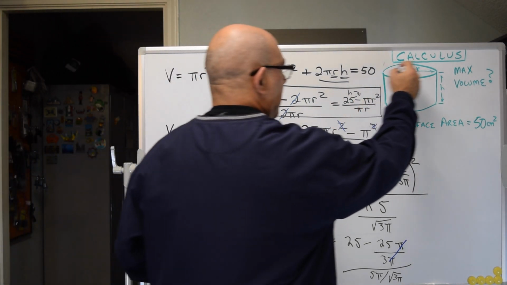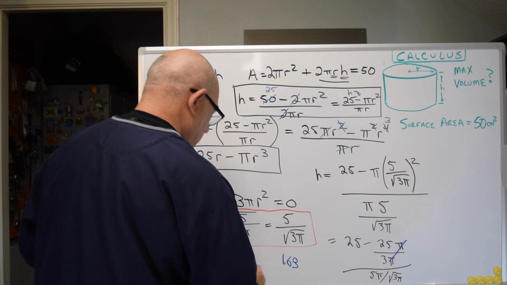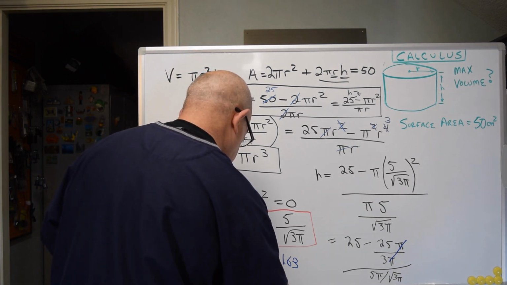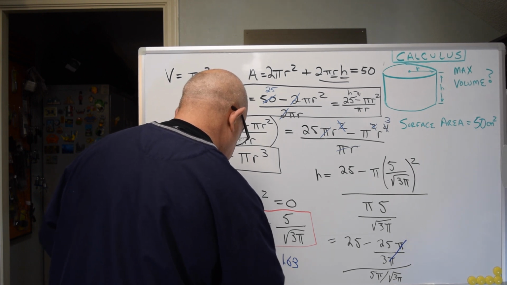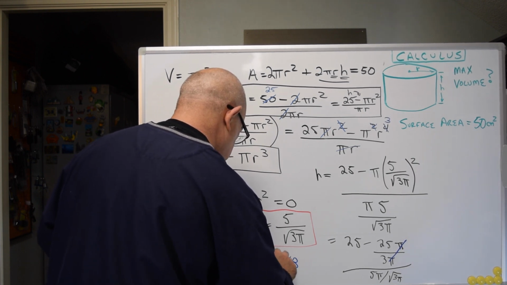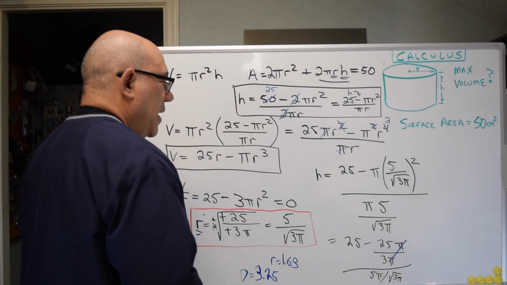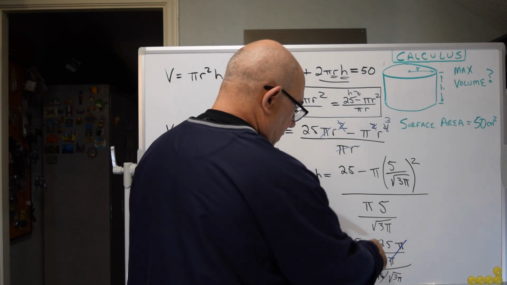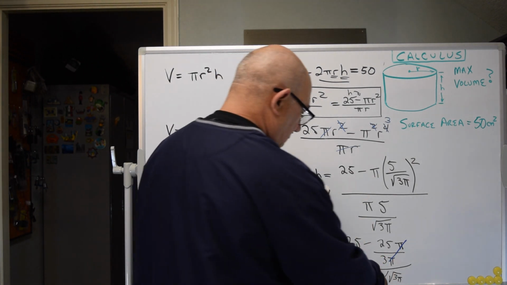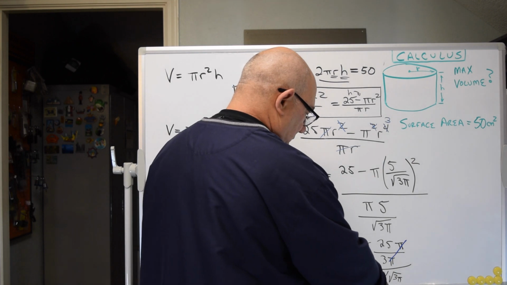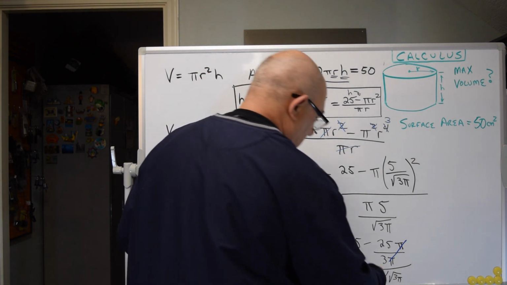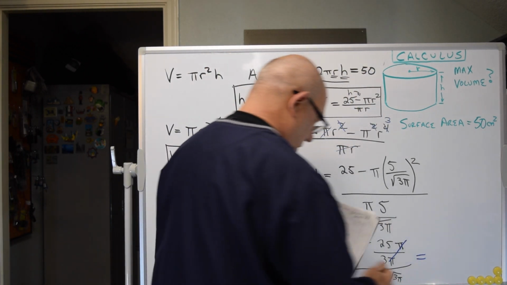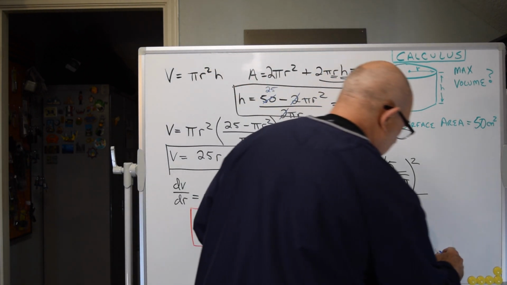So the diameter is going to be twice that, and that is 3.25. Okay? And then if you do this math here, the 25 minus 25 pi over 3, divided by 5 over the square root of 3 pi, this mess also equals 3.25.